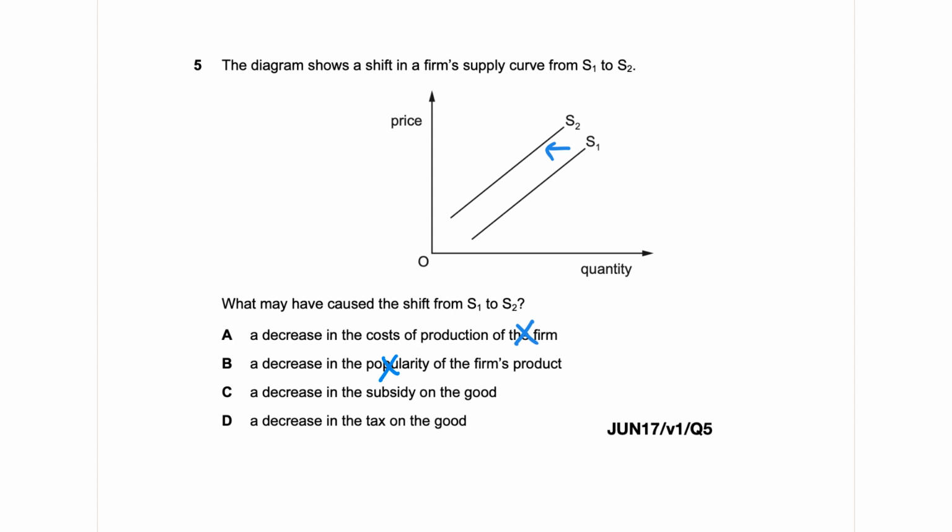If the subsidy falls, cost of production goes up, and that would mean the supply curve will shift backwards, so supply will fall. So that's why C is the right answer. D says a decrease in the tax on the good, which means again the cost of production should go down or supply should increase. So D is also wrong.